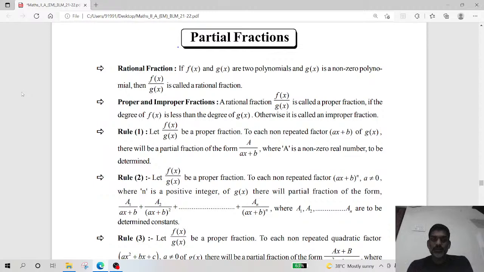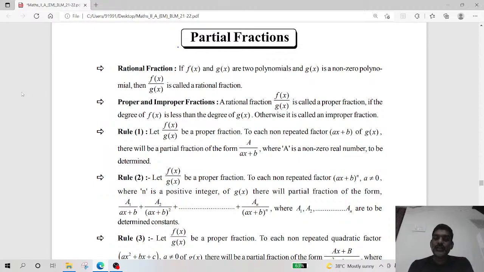Okay, let us see the rules now. Rule number 1. Let f of x divided by g of x be a proper fraction. To each non-repeated factor ax plus b of g of x, there will be a partial fraction of the form A divided by ax plus b, where A is a non-zero real number to be determined. Rule number 2. Let f of x divided by g of x be a proper fraction.